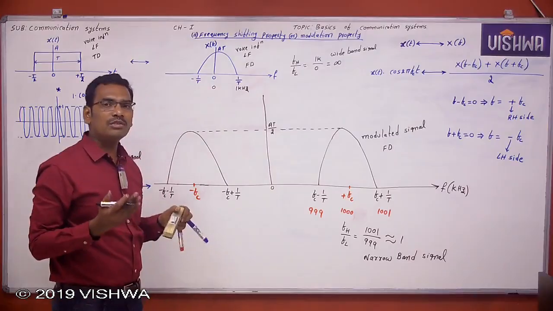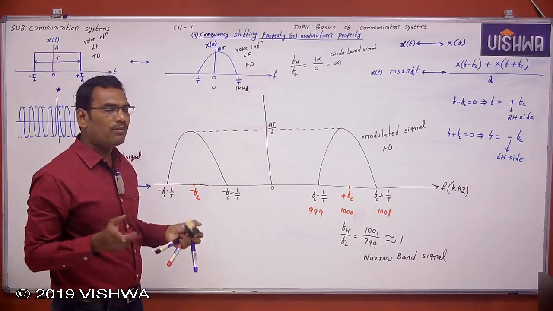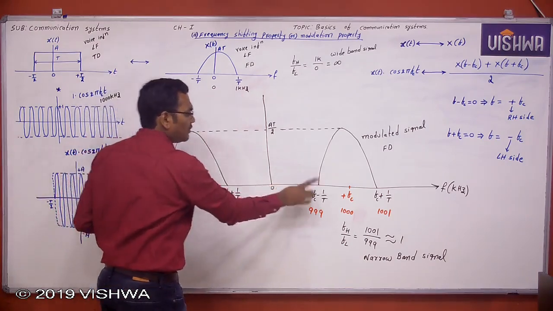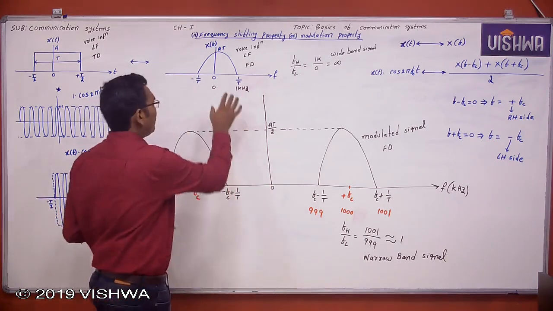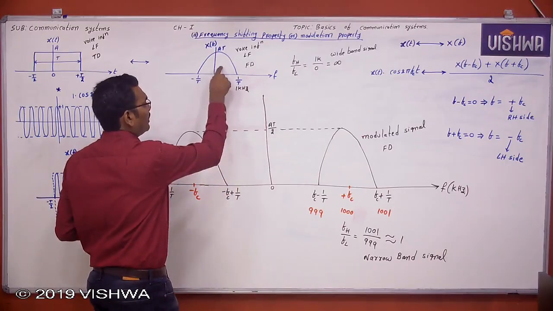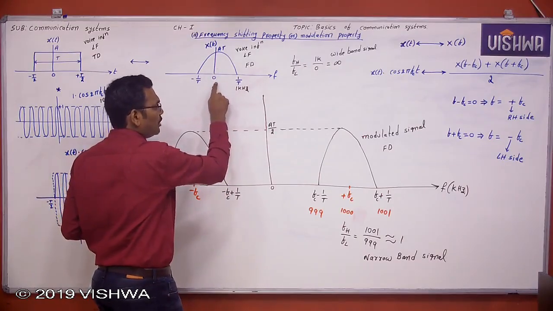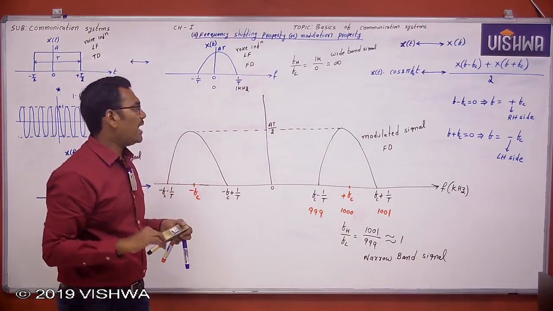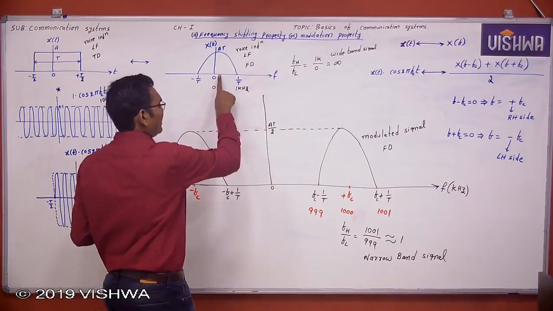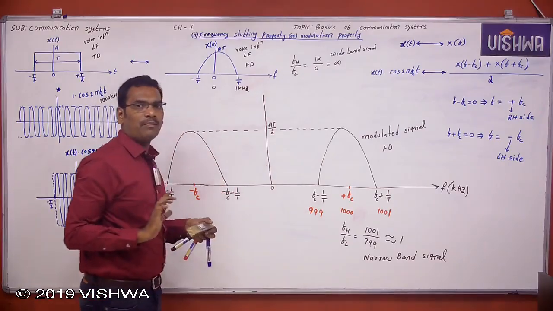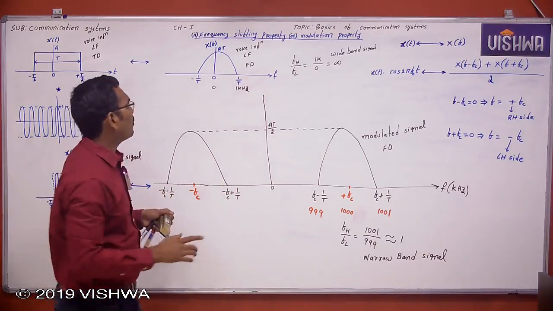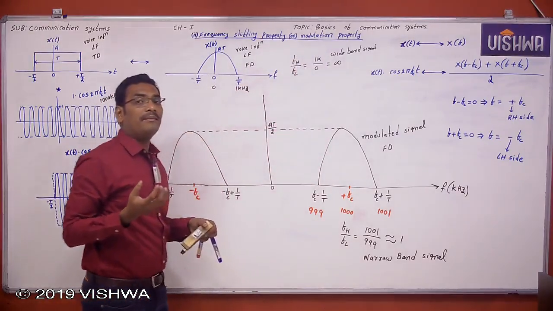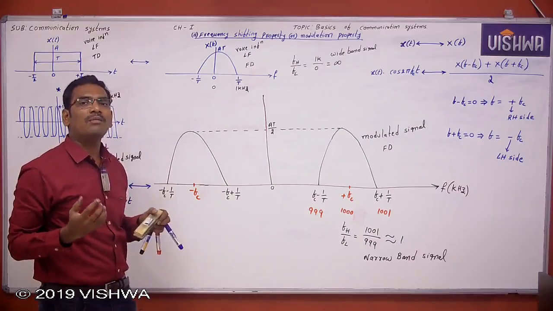What is the use of modulation? Before modulation, this is the information. After modulation, your information is available as it is, but not at 0. Your information is at a carrier frequency, at a high frequency. Therefore, this is not only the frequency shifting property but also the modulation property, which means we can easily understand how the modulation is done.